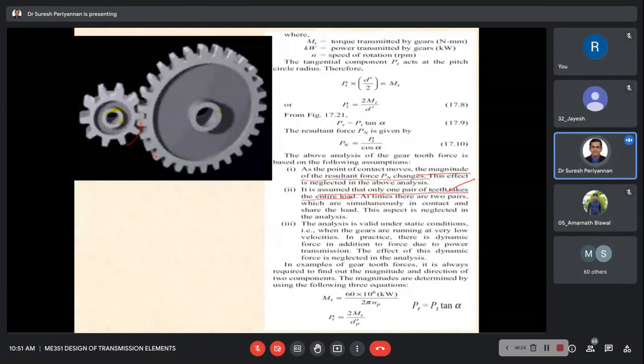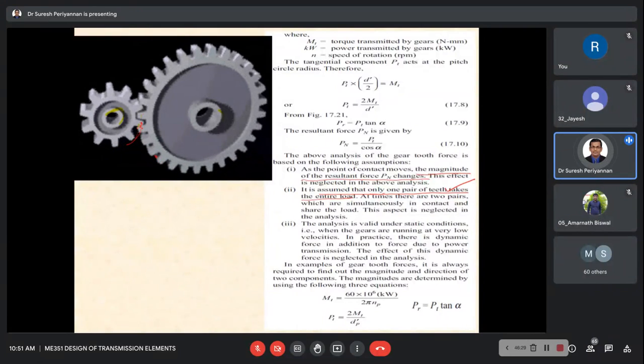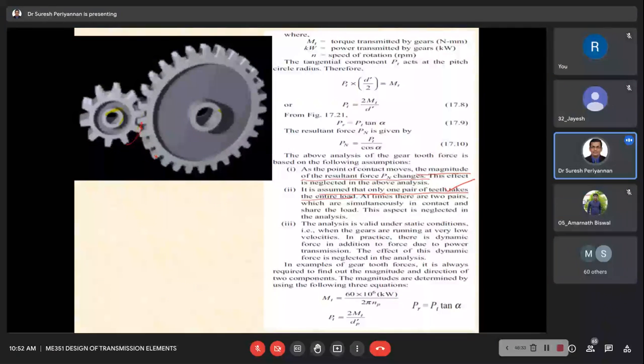But the maximum load is shared by one tooth only, and that's what we consider in the calculation.